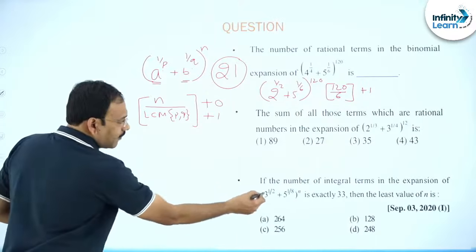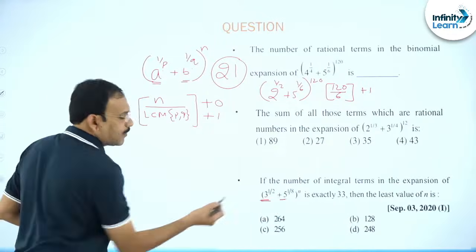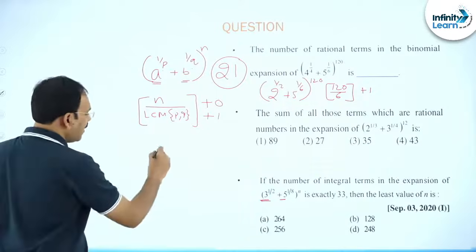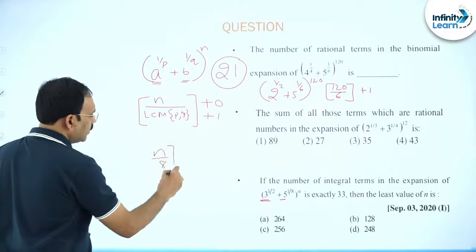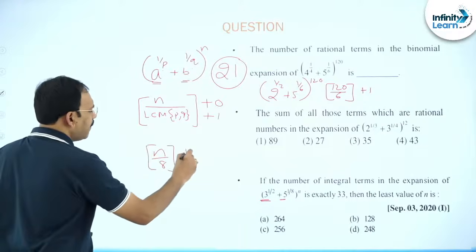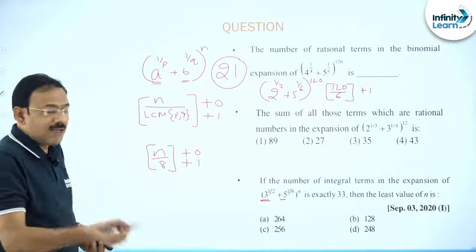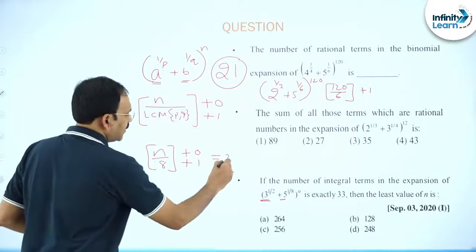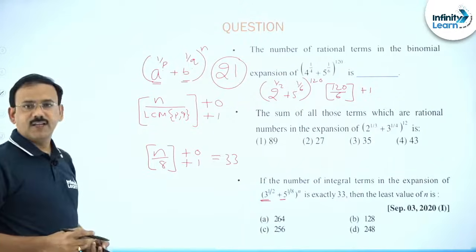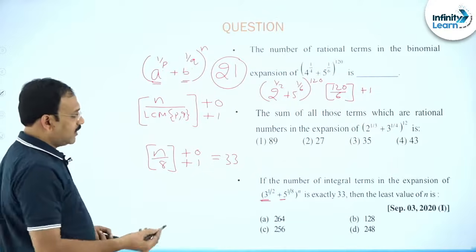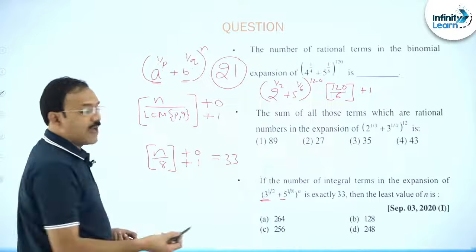So, LCM of 2 and 8 is 8, both being prime. So, n by 8 with step maybe plus 0 or plus 1 comes. This value must be 33. Fine. Now, for which option is it going to be correct? You just see he is asking the least value of n.